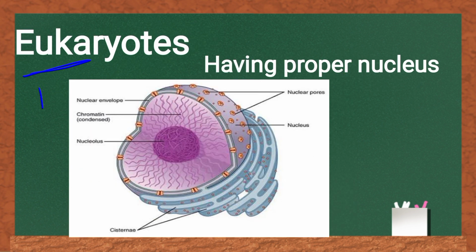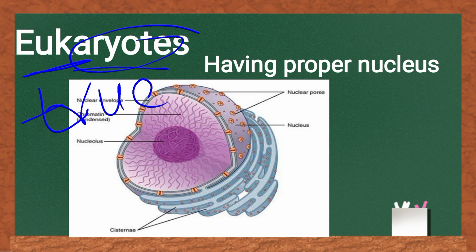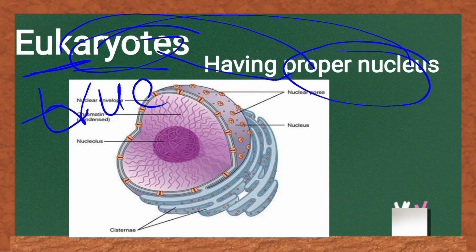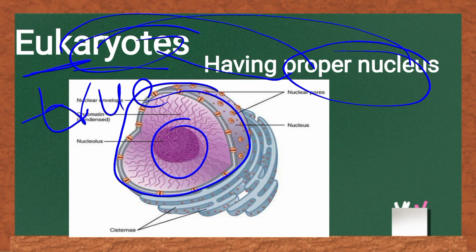Eu means true, and karyon means nucleus. The word karyotes is derived from karyon. Karyon means nucleus, which means proper nucleus, true nucleus. Those organisms which have a proper nucleus, you can see here. This whole thing is the nucleus. This is another structure inside the nucleus.